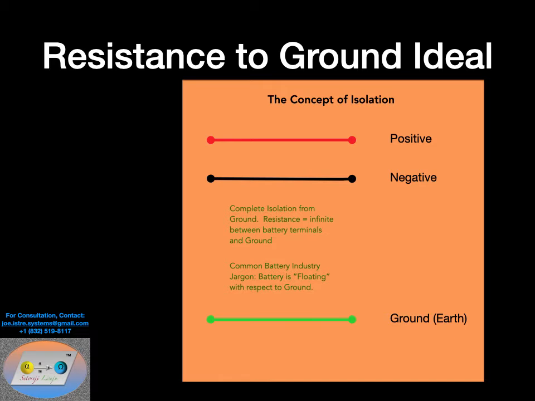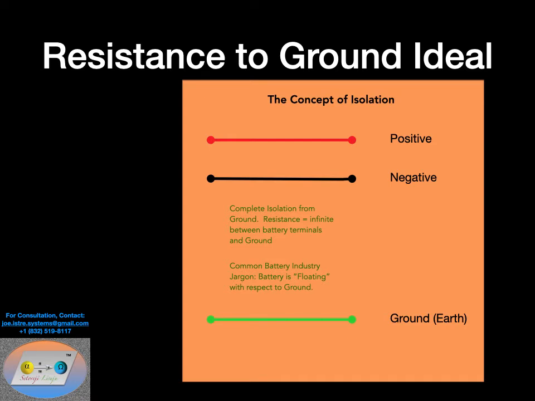Now, complete isolation from ground in the ideal case, and we know that ideal is just useful for circuit analysis, but in the real world, the ideal won't exist, but it's a useful rule of thumb. So complete isolation from ground is the ideal, where the resistance is infinite between any of the battery terminals and ground. All right.